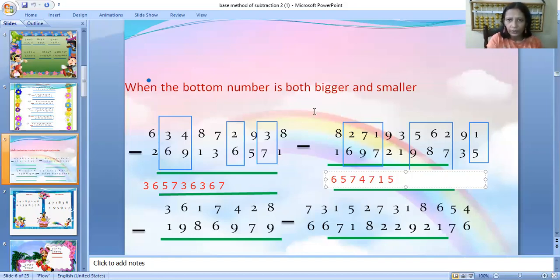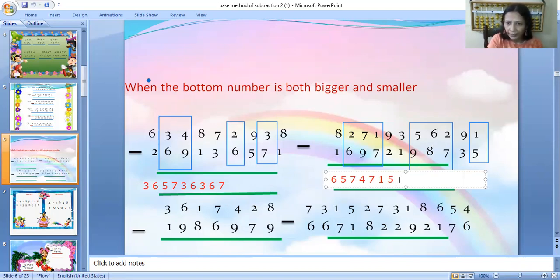Move to the next pair. What you have to do is look at the pair 6 and 8. You need the borrowing here. So what is the complement of 8? 2 is the complement of 8. What will you do with 2? 2 you will add with this 6. 2 plus 6 is 8.